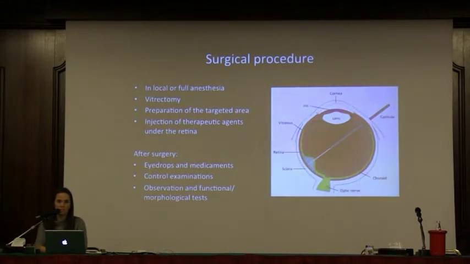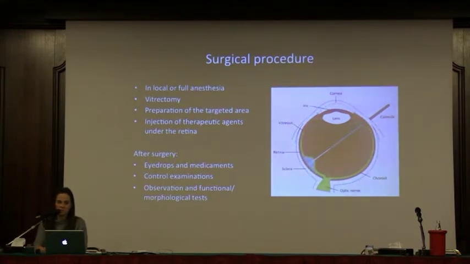This is a surgical procedure which is not new, which has been used very often in ophthalmology, and specifically regarding gene therapies, it has been established and used since 2007.